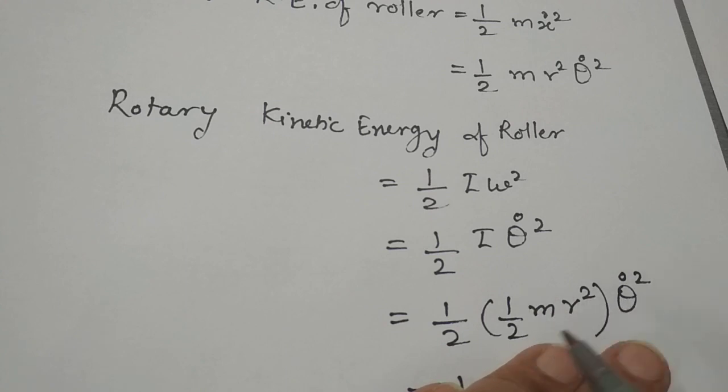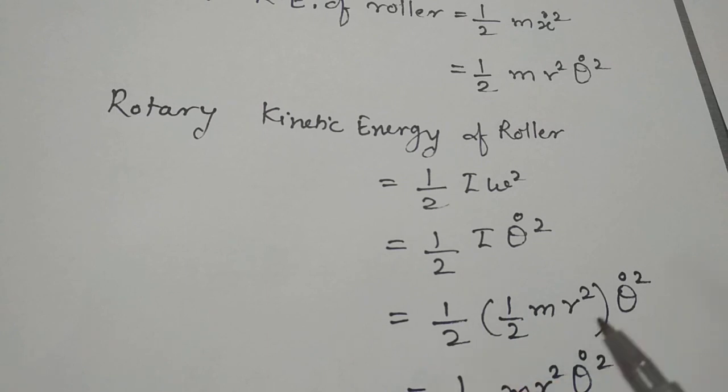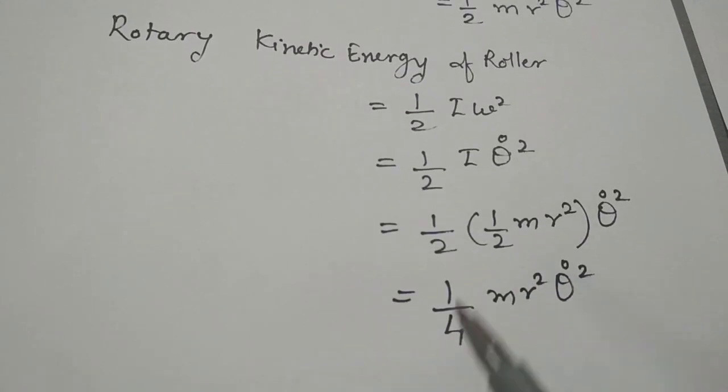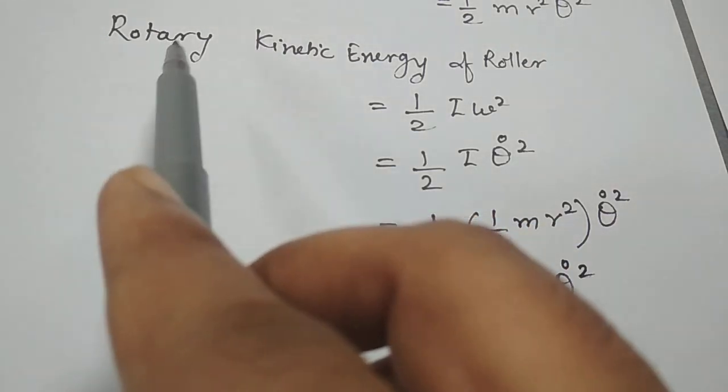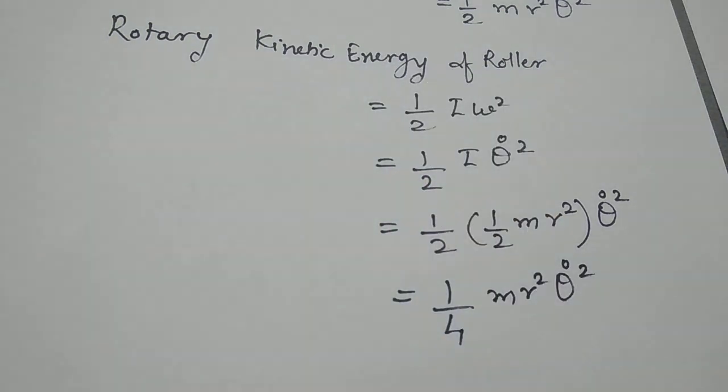So we can say this is 1/4 m r square theta dot square. That will be the rotary kinetic energy of the roller.